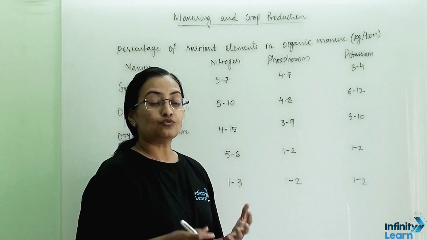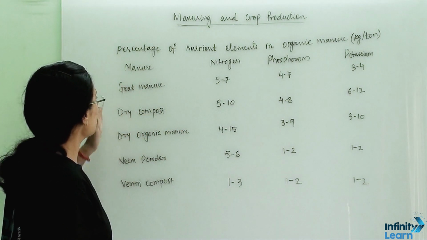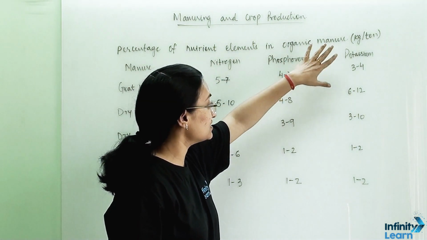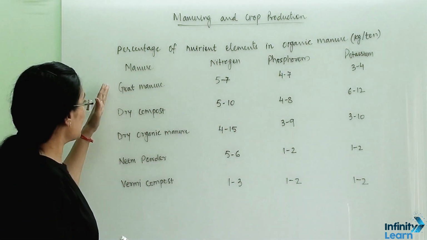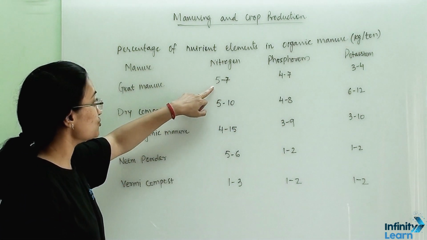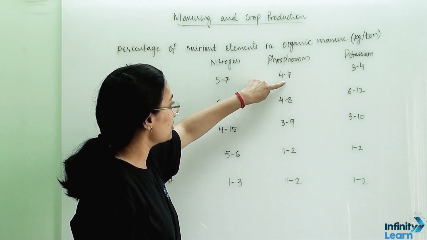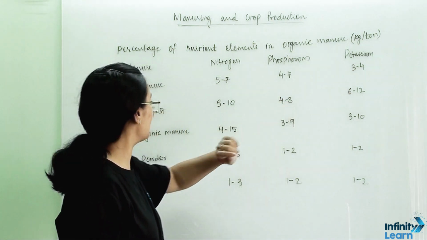Now let us see why organic manure is so important. Here we are discussing the percentage of nutrient elements in organic manure, and this data is in kg per ton. When we talk about goat manure, the nitrogen will be 5 to 7 kg per ton, phosphorus 4 to 7 kg per ton and potassium 3 to 4 kg per ton.